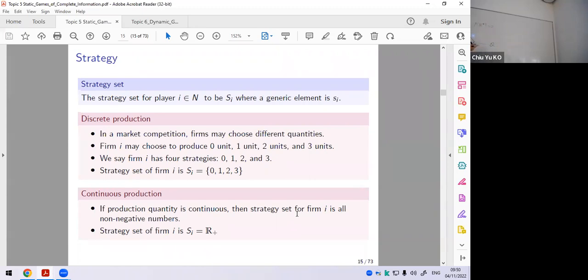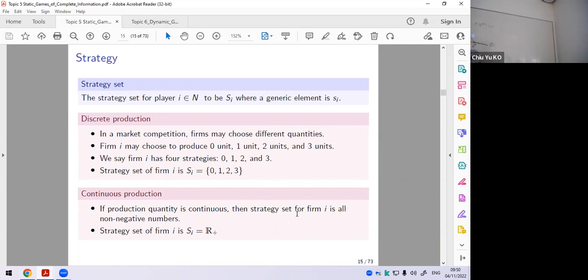No one will produce way more than that, because beyond that the price is 0. So it's a bounded, closed set, and it's okay to restrict the strategy set this way.